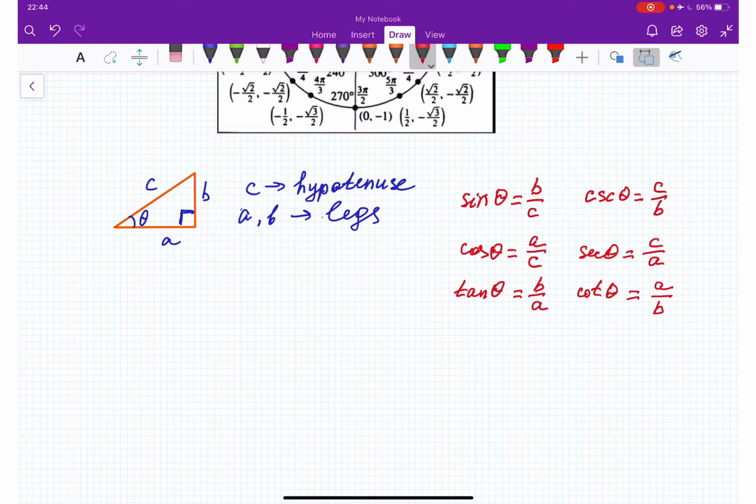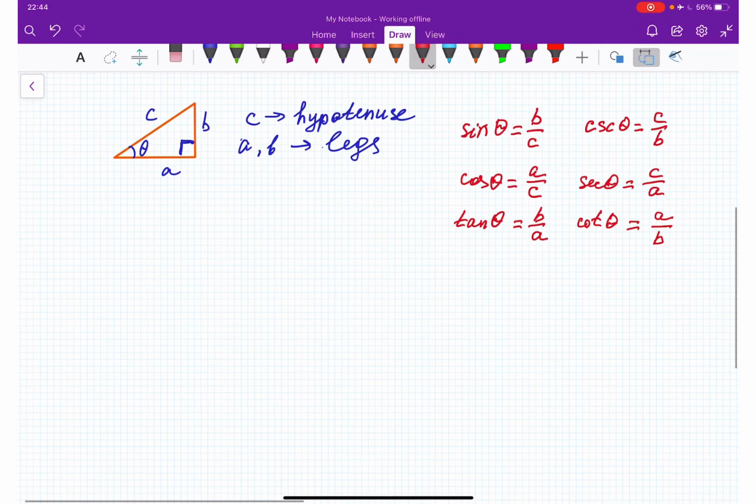All right. Now, based on these definitions of trigonometric functions, let's solve a couple of problems to find a specific value, be it an angle or a side, for a triangle with the right angle. All right? So, question number 1. We have a triangle with the right angle.